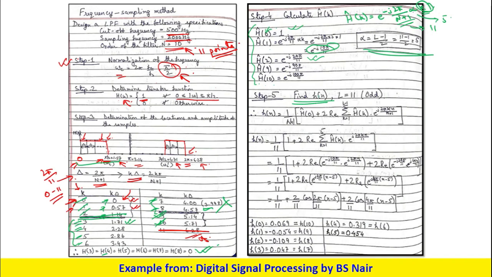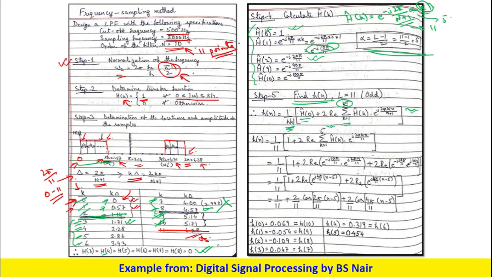Then from here we have to find h of n. Okay, and for this the formula is h of n equals 1 by capital N plus 1 times h cap 0 plus 2 times the real value of the summation of k equals 1 to L minus 1 by 2 of h cap k multiplied by e to the power j 2 pi k n divided by n plus 1. Okay, so here L minus 1 by 2 is 5, n plus 1 is 11.